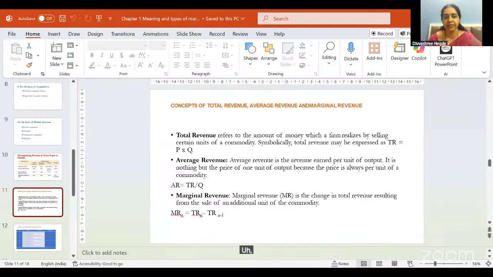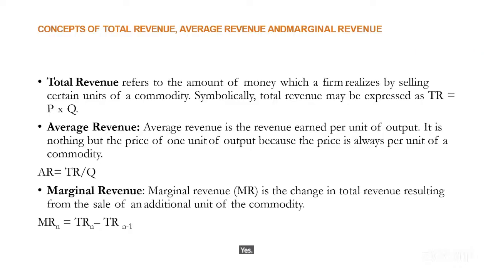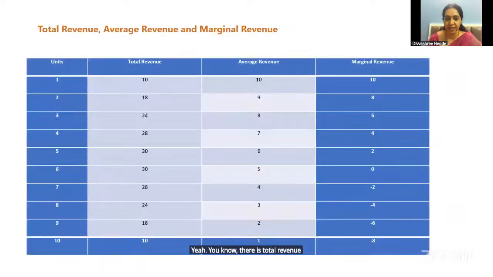I think you have taken down this, right? We were discussing the concepts of revenue. So there is total revenue, average revenue, marginal revenue, and then we looked at this.